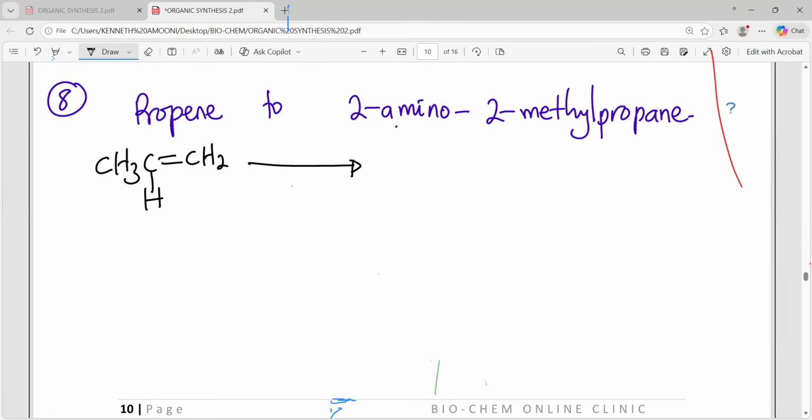It means that the amino group and the methyl group are substituent groups attached onto propane. So you're going to have something like this: CH3, C, NH2, CH3, CH3. That is 2-amino-2-methylpropane. So how are we going to do that?